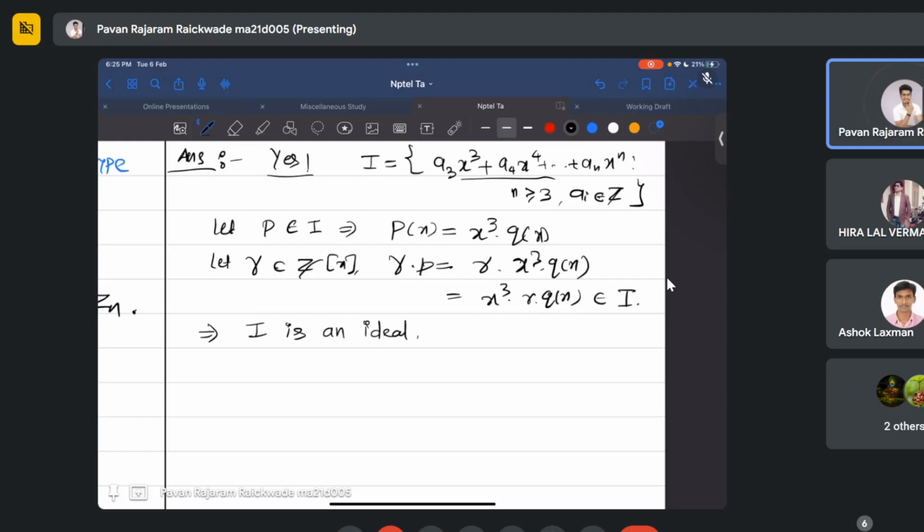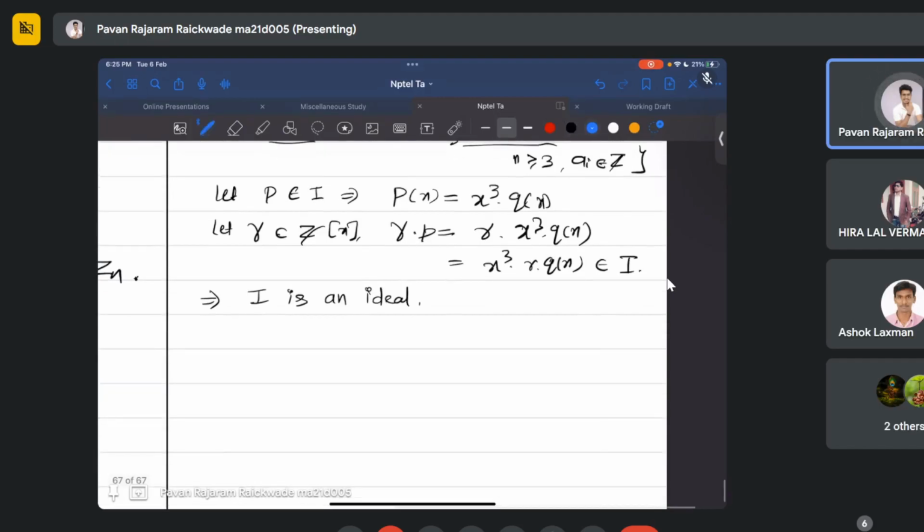Okay. Now we are at question C. Z[x squared]. What does it mean? This means it has only even terms.